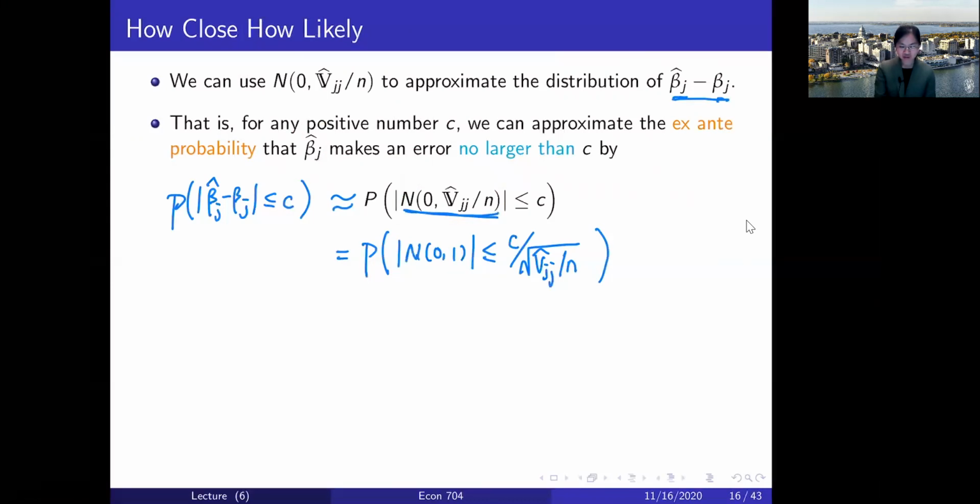So that is the probability that a standard normal distribution falls inside these 2 points, where this is C divided by this standard error, and this is minus C divided by the same thing.